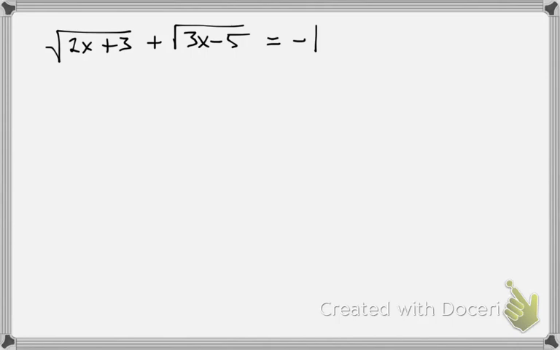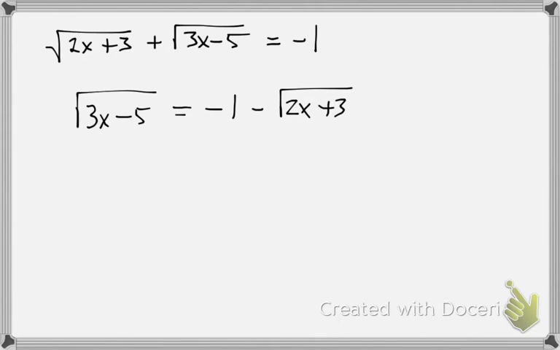Do you want to move it or kill it? He feels so strongly about it, he gets his way. We'll move the first one over. So we wind up with the square root of 3x minus 5 set equal to negative 1 minus the square root of 2x plus 3.